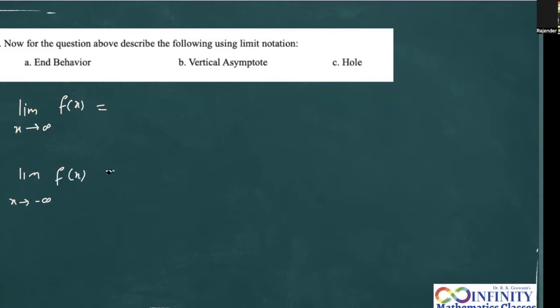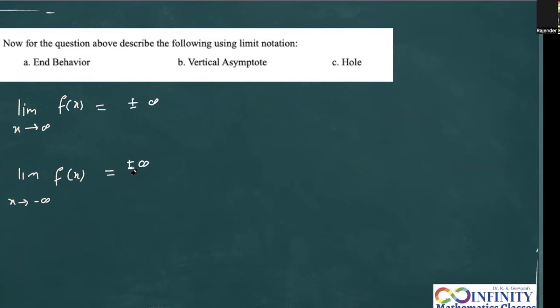Whenever you are able to identify these two limits, these are going to be the end behavior. For the particular question we are discussing, because there was no horizontal asymptote, it may be plus or minus infinity. In the previous case, it was plus or minus infinity. So basically, they are increasing or decreasing depending upon the sign of infinity. If it is positive, it is increasing, and if it is negative, it is decreasing without limits.